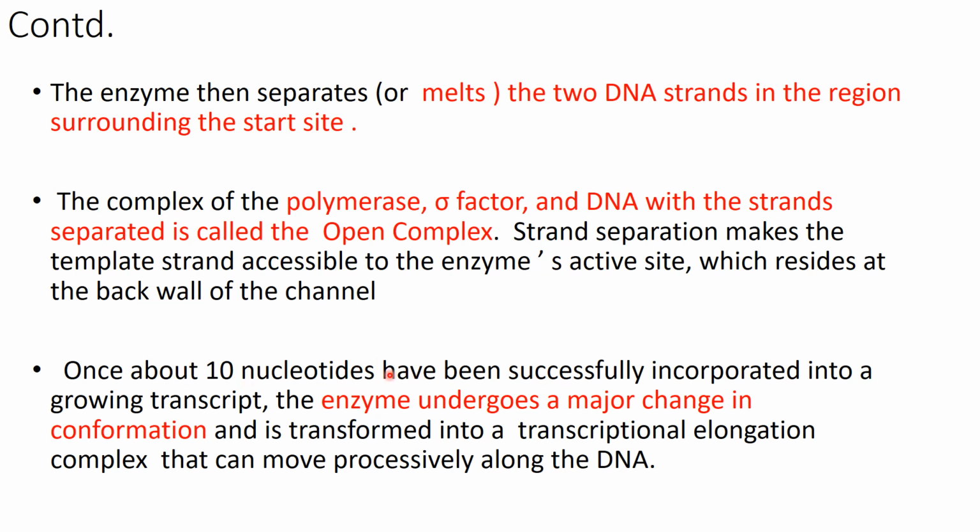After 10 nucleotides have been polymerized together, that means the mRNA is 10 nucleotides long, then what happens? After incorporation of about 10 nucleotides, there is a change in the shape of the enzyme. Why does this change in shape occur?